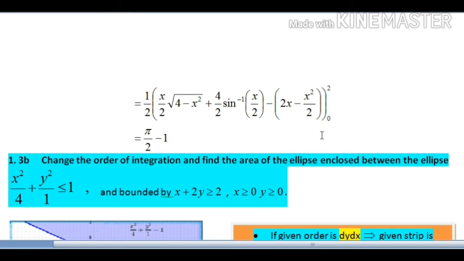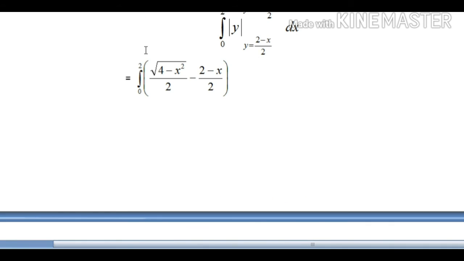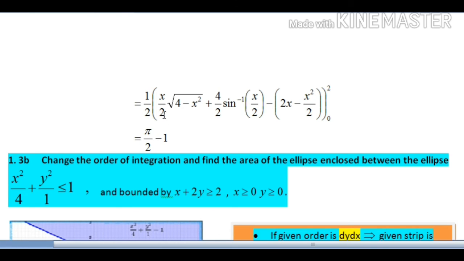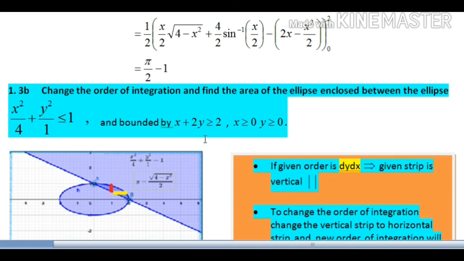Then apply limits 0 to 2. Put x equal to 2, this is 0; sine inverse 2 by 2 is sine inverse 1, which is pi by 2. Here also put x equal to 2, you will get pi by 2 minus 1, and minus the lower limit, put x equal to 0. If you put x equal to 0, this is 0, this is 0, this is 0, right? So finally you have pi by 2 minus 1.